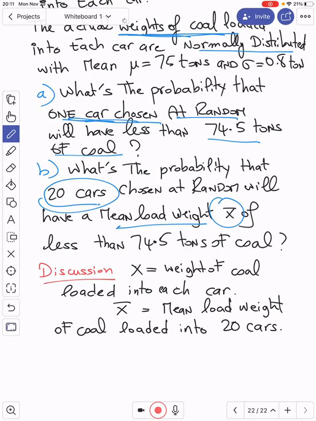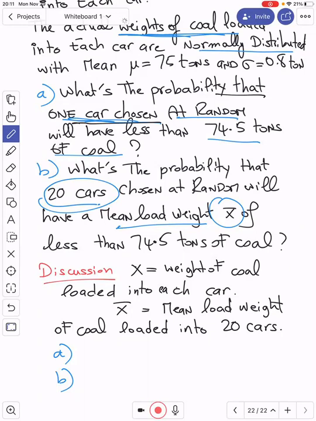Okay. So let me just say, guys, in the last minutes: in A, we need to find the probability that one single car, we don't have a sample here, just one single car chosen at random will have less than 74.5 tons of coal.